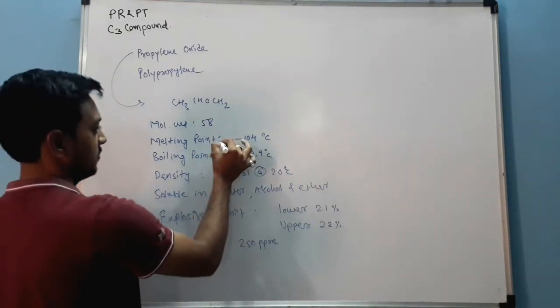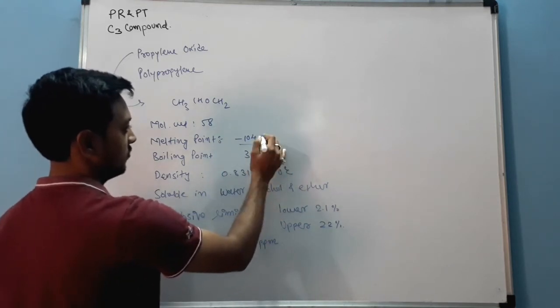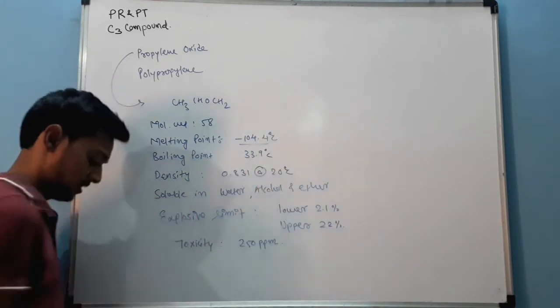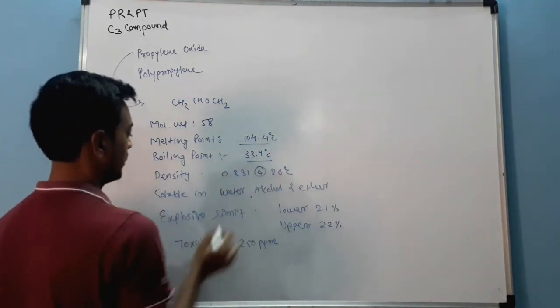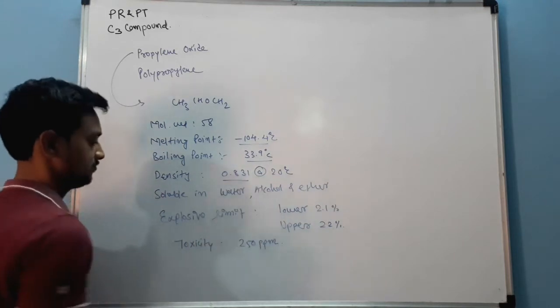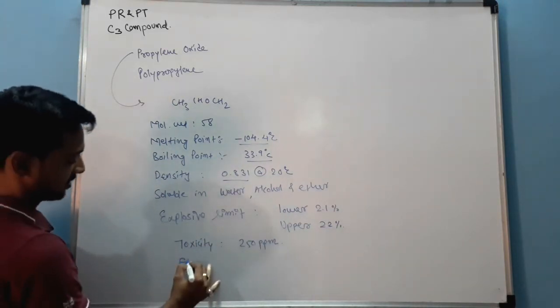Melting point -104.4 degree Celsius. Boiling point 33.9, density 0.831. Okay, so flash point of it is -34.